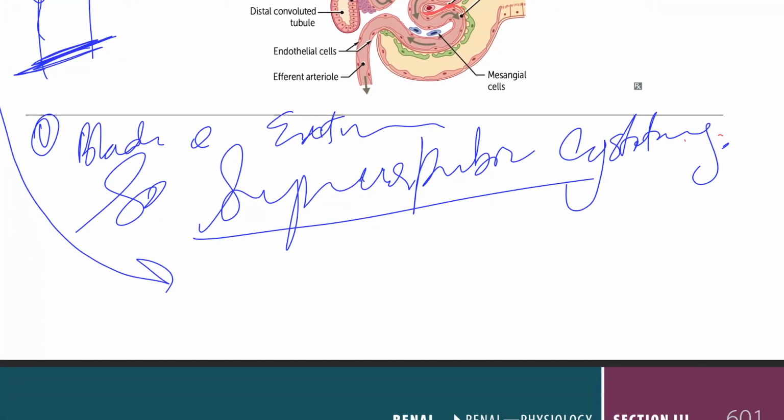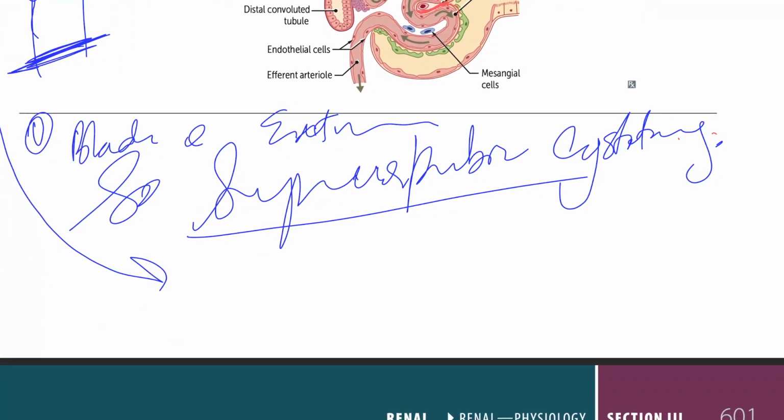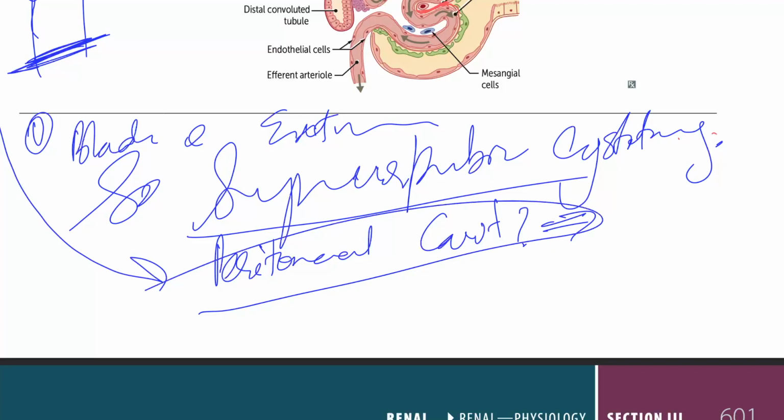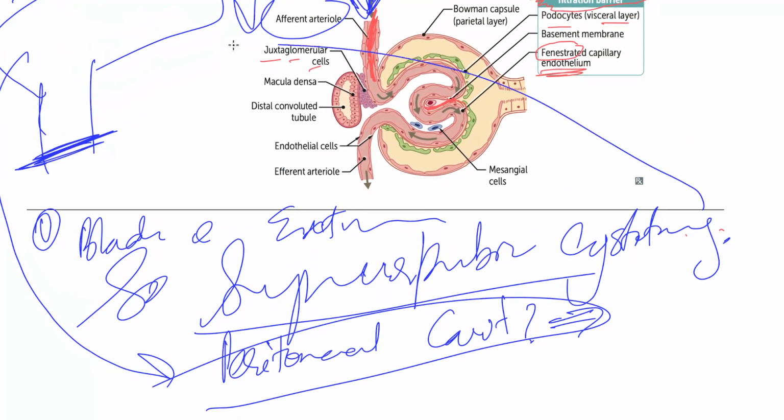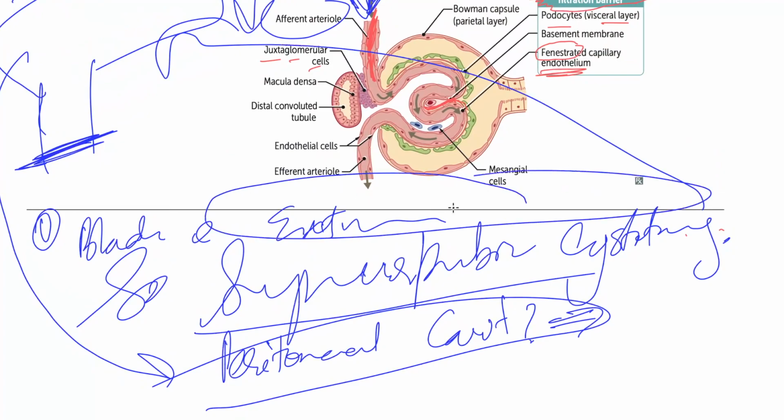But are you going to cross the peritoneal cavity? The answer is no, you're not crossing the peritoneal cavity when you're reaching the bladder, because the bladder is an extraperitoneal organ.